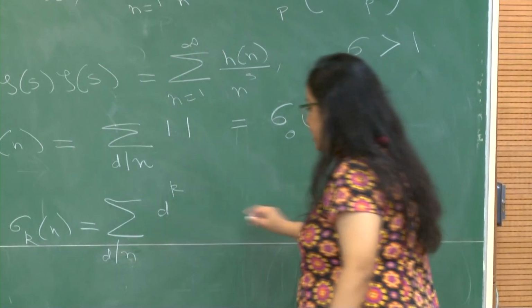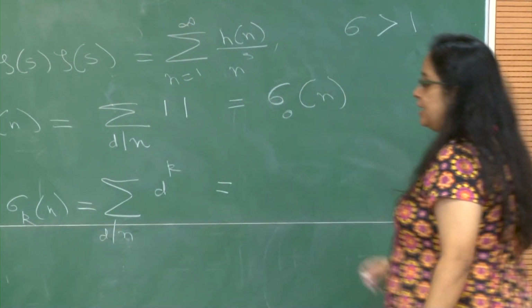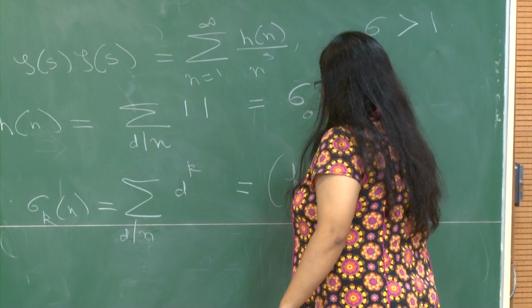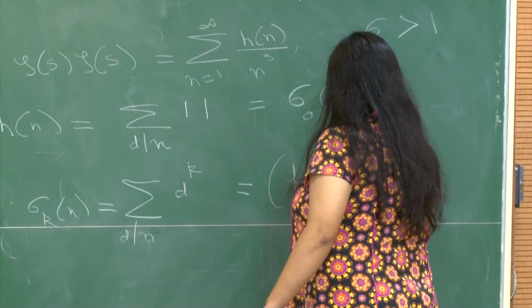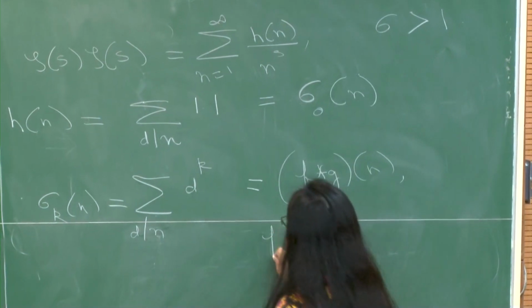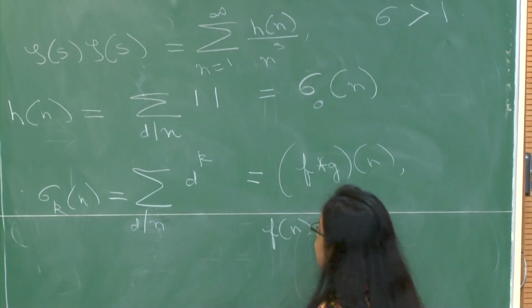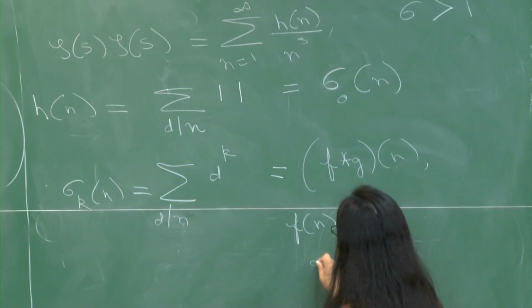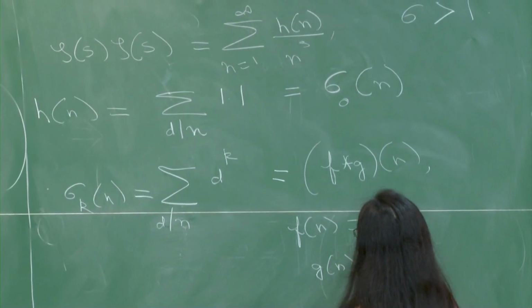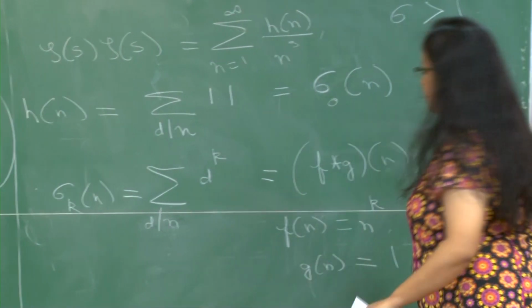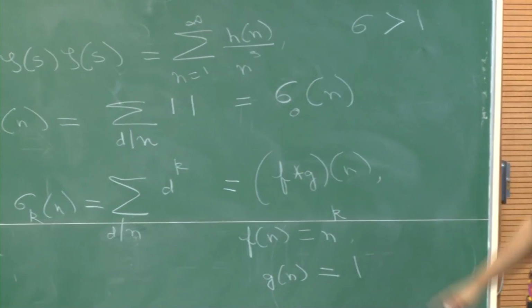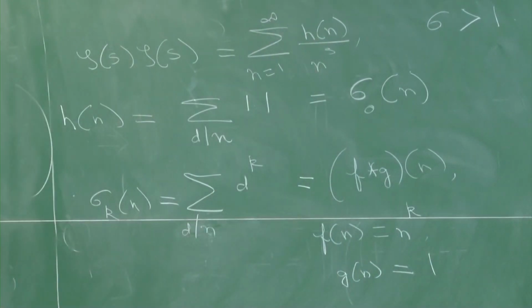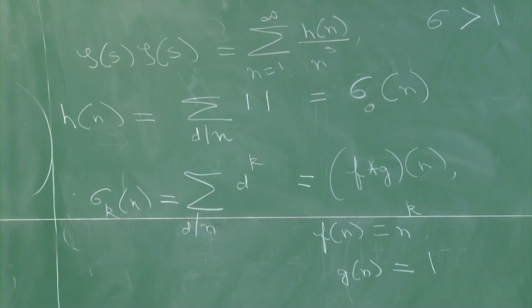This sigma sub k of n simply turns out to be the convolution of two functions f star g of n, where f of n is equal to n raised to the k and g of n is just the identity function, right.